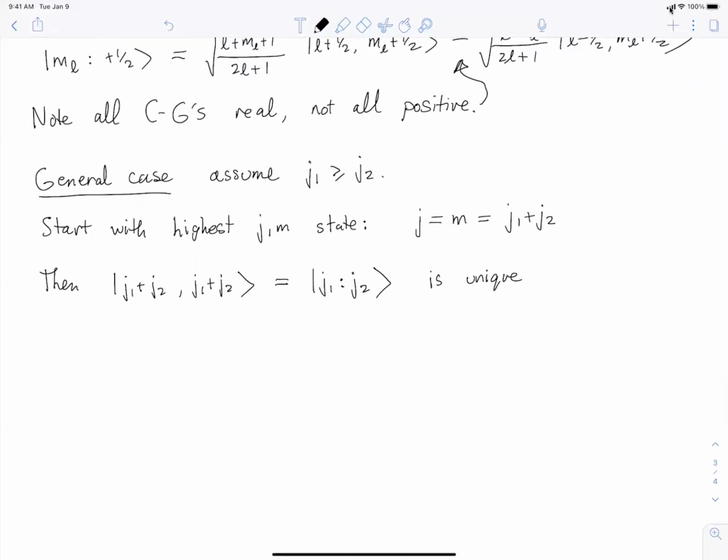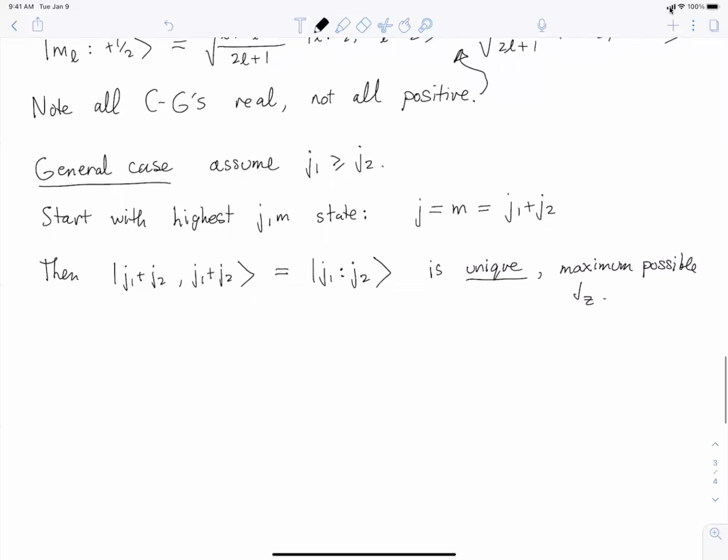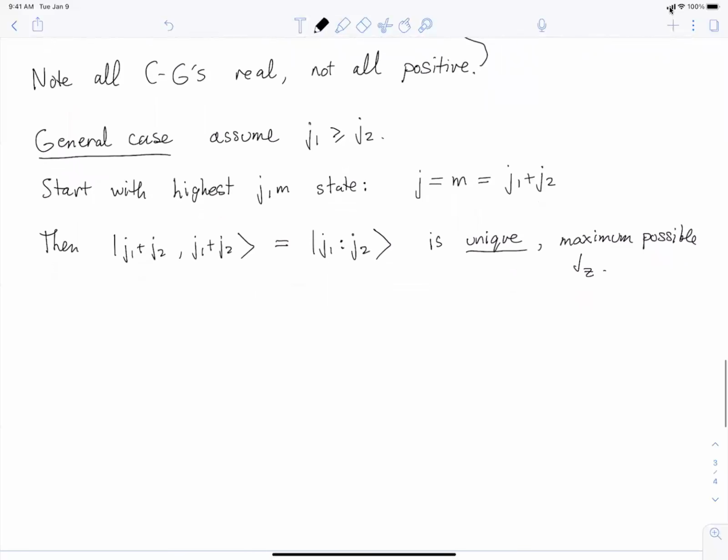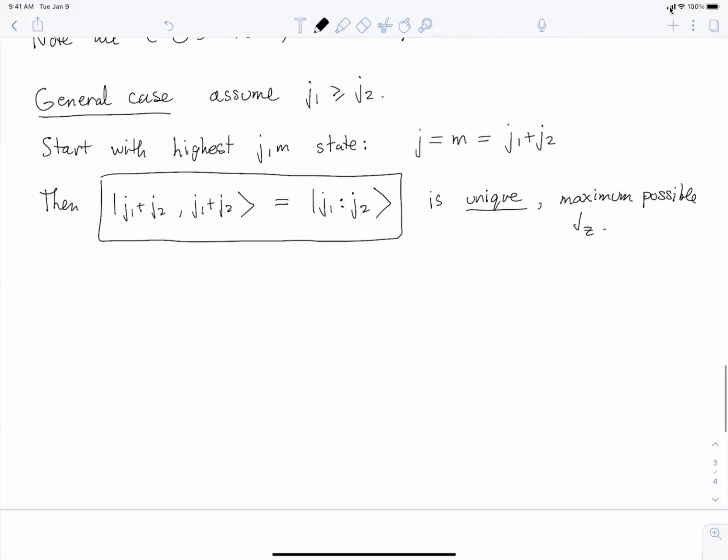There's only one of them with that property that has the maximum possible J sub z. Okay, so because it's unique, we don't have anything to do. That's our first relation between the total states and the product states.